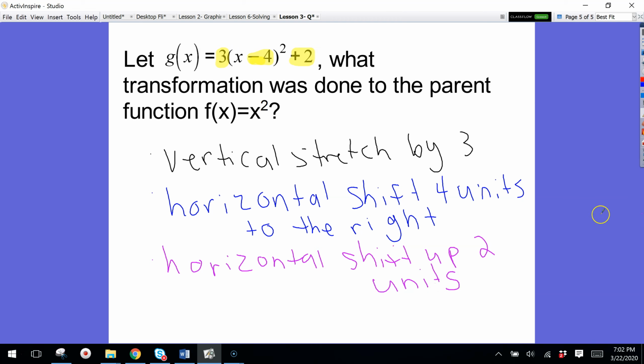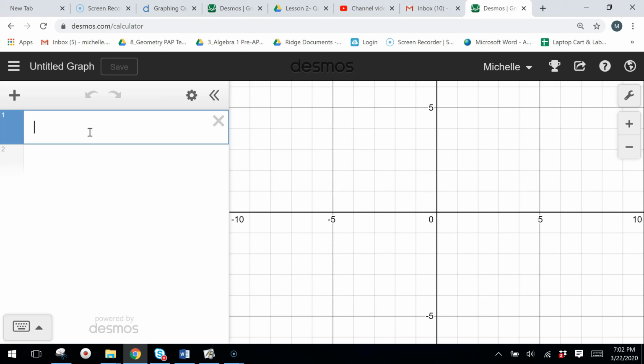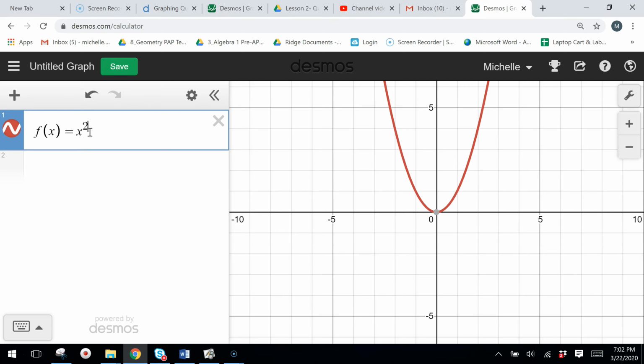Okay, now let's graph this and see if we were correct in our observations. There was a vertical stretch, it went 4 units to the right and 2 units up. First we graph our parent function, f of x equals x squared.